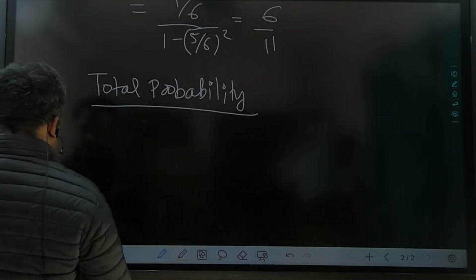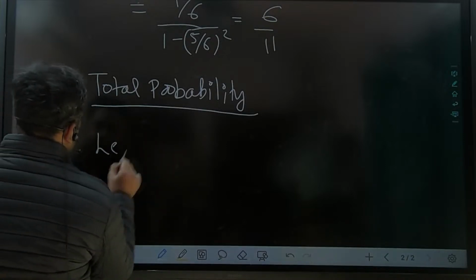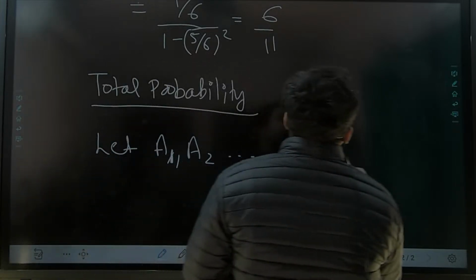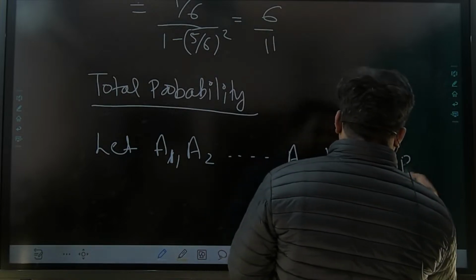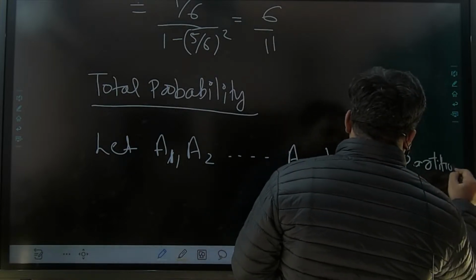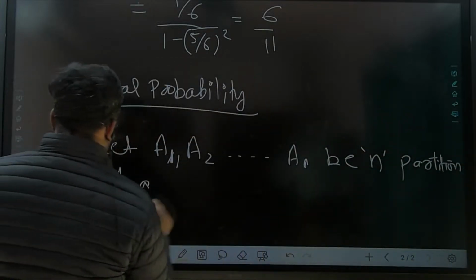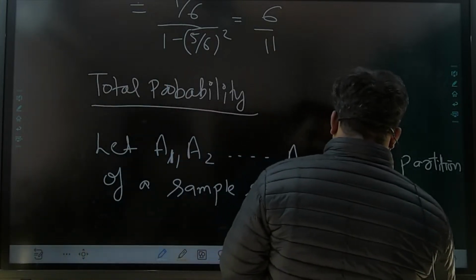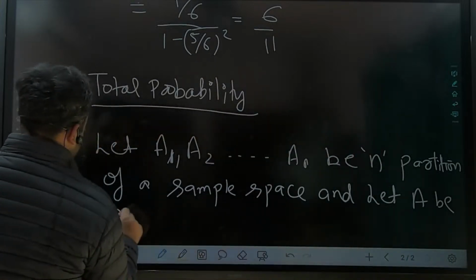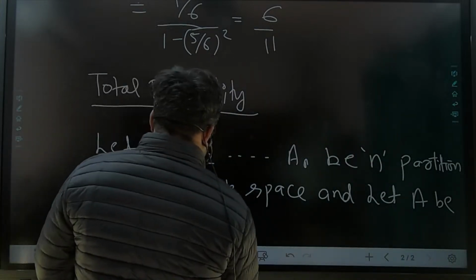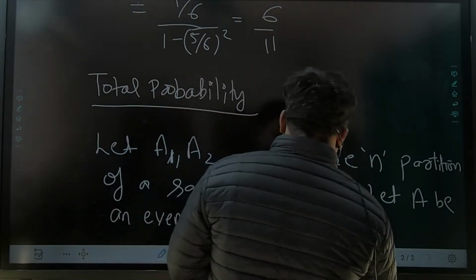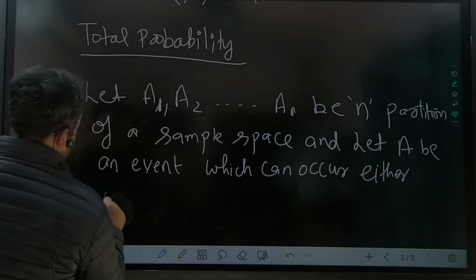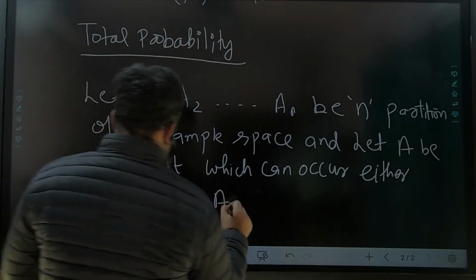It's very easy to understand if we try to understand with some geometrical picture. So let A1, A2 up to AN be n partition of a sample space, and let A be an event which can occur either with A1 or A2 or AN.